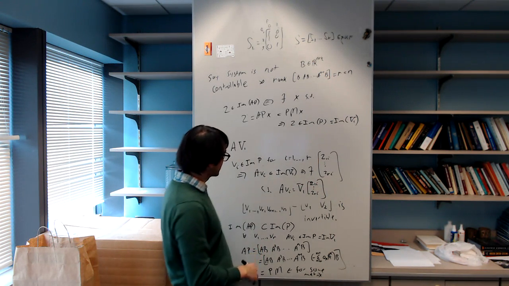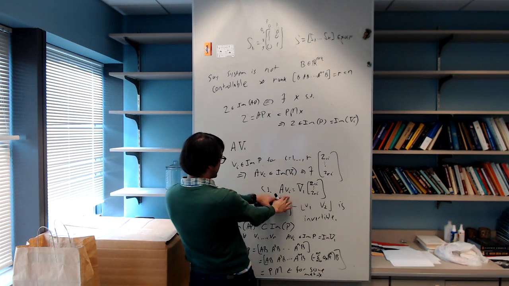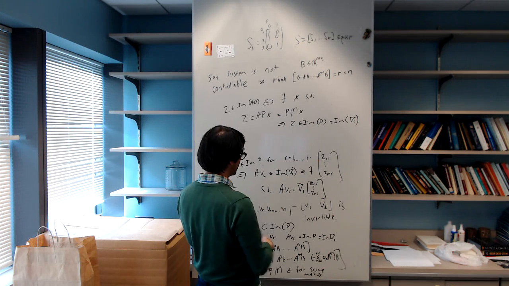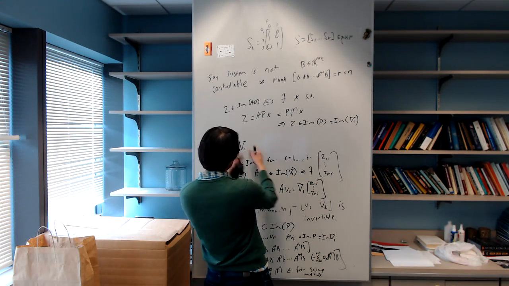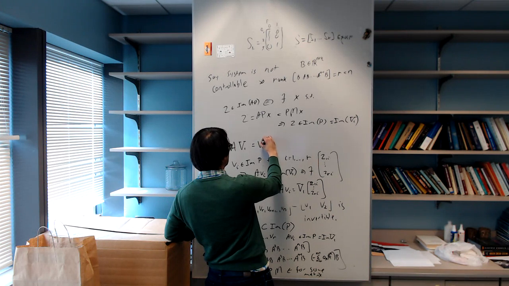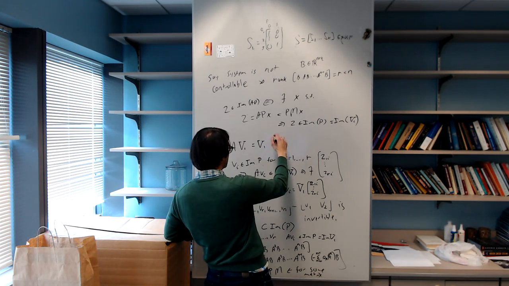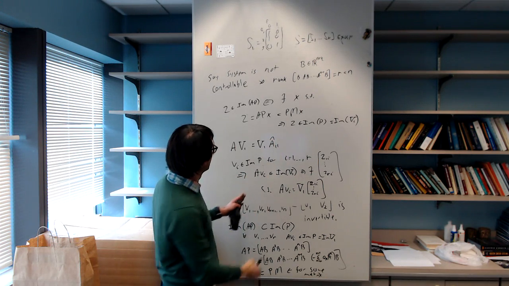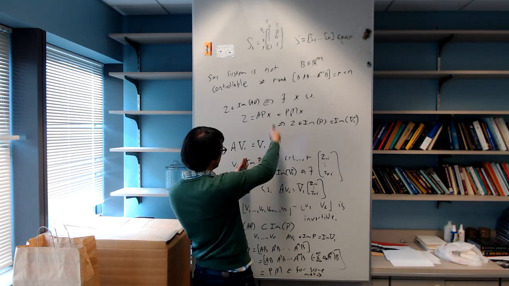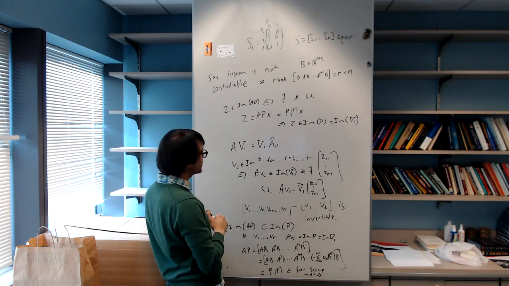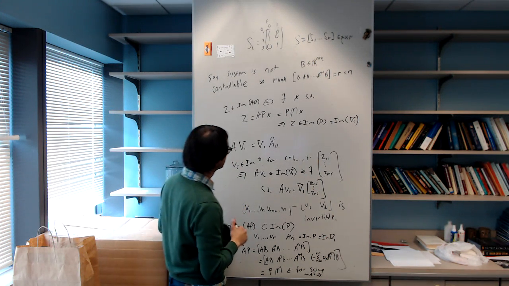Because this thing is in the image, there has to be something over here that satisfies this. Doing this for all of the columns in the V1 matrix, we can find a matrix like that, because each column corresponds to one of these guys over here. Okay, cool. So we've got that.